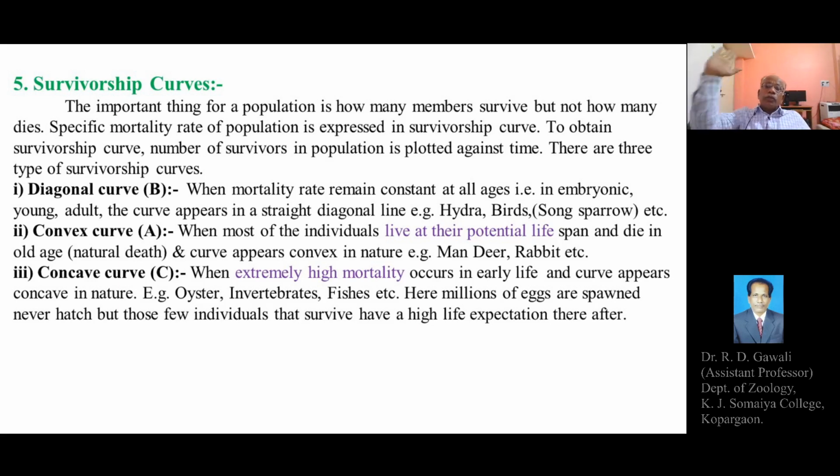where millions of eggs are spawned, but very few individuals survive because of the extremely high mortality rate, and the few individuals that survive can live for about their expected lifespan. This extremely high mortality rate in the embryonic or early life may be due to predation or unfavorable conditions of the surrounding environment, or predation by natural enemies.